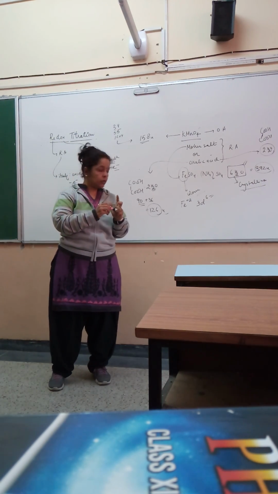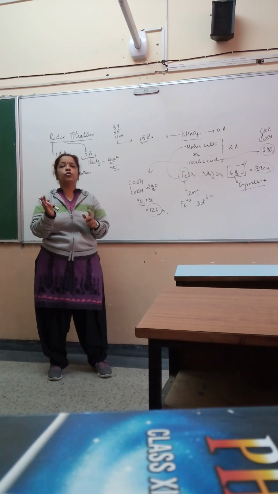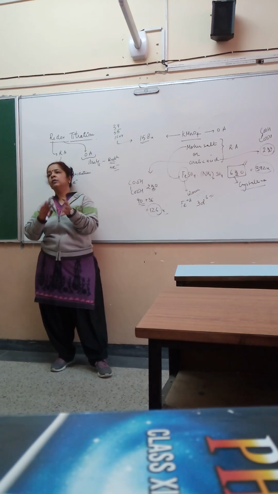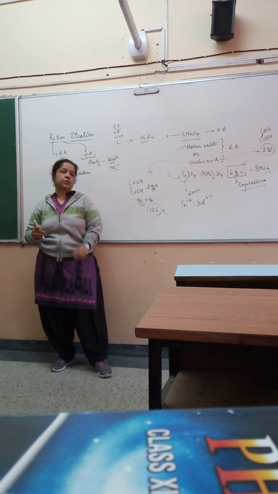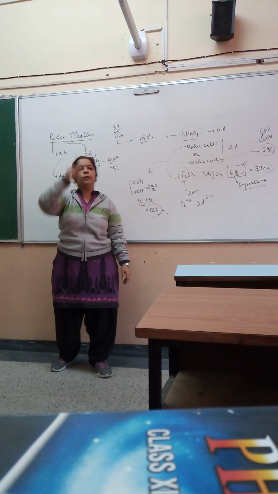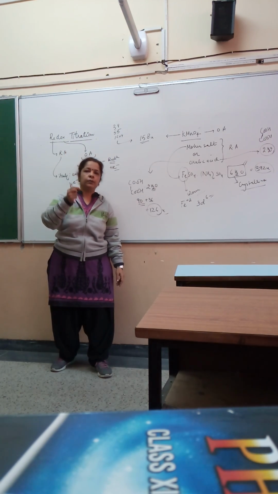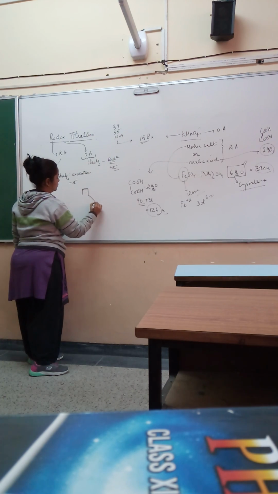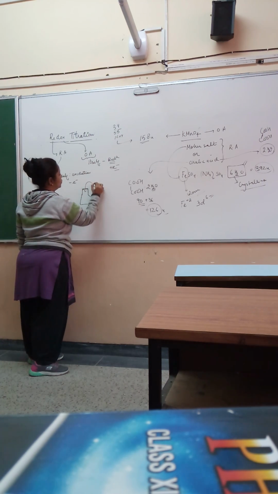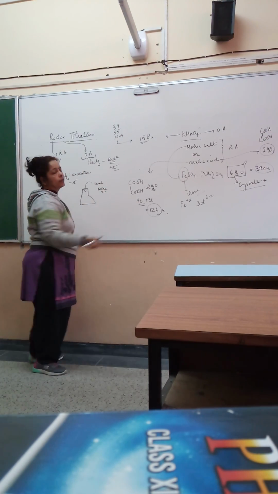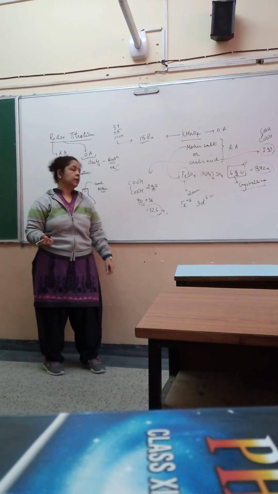For the titration, you have two titrations. Either it could be KMnO4 versus oxalic acid, or it could be KMnO4 versus Mohr salt. The basic difference: in both the cases, the burette will have KMnO4. Purple colored solution would always be in the burette. In your conical flask, you would be using 10 ml of Mohr salt or 10 ml of oxalic acid.